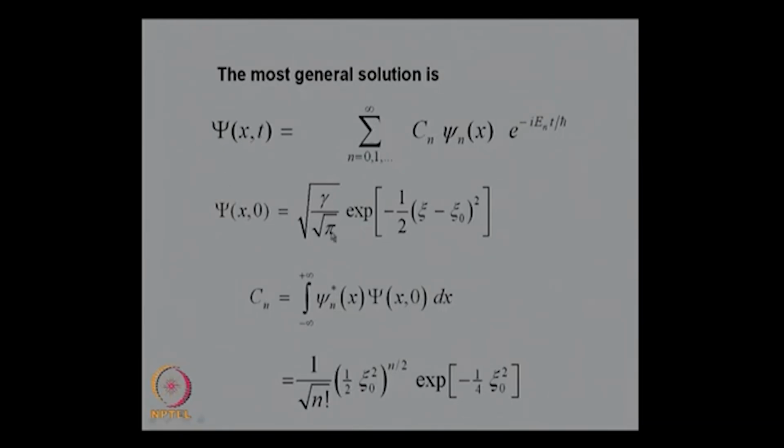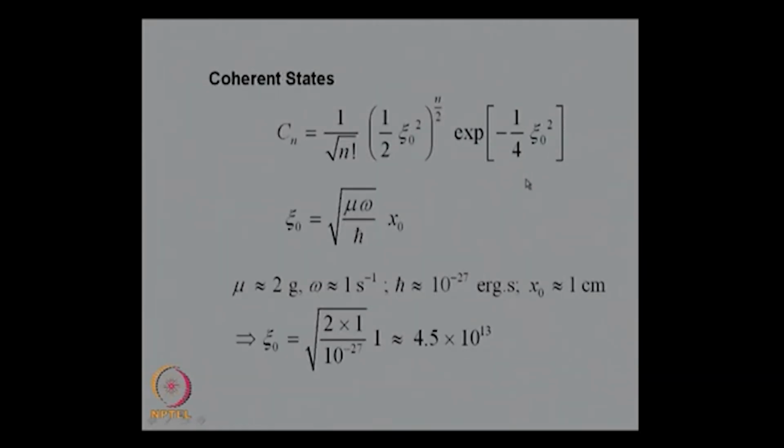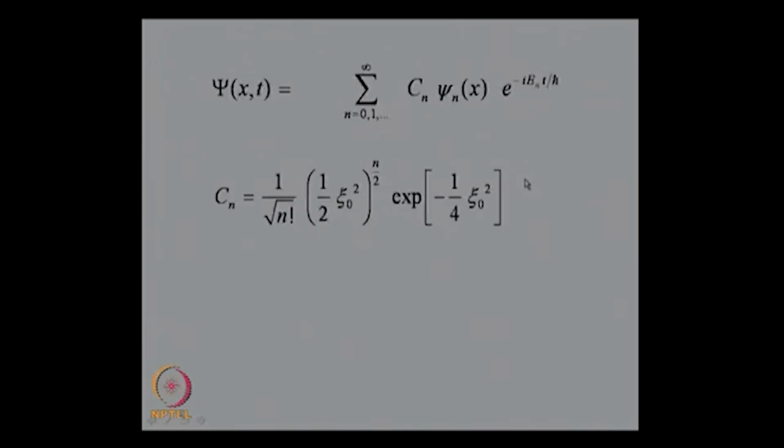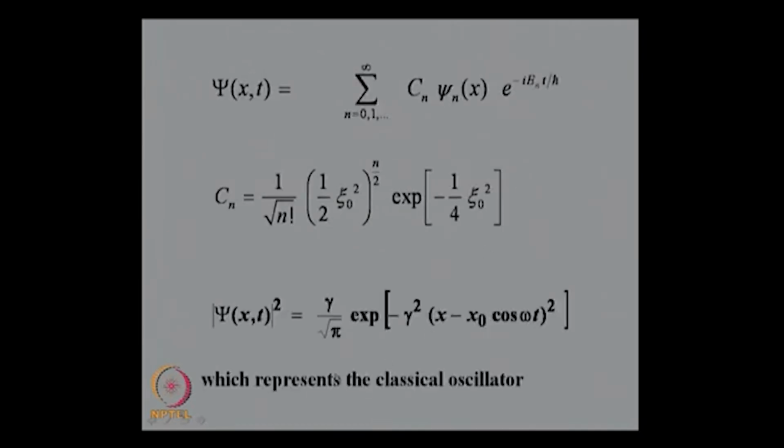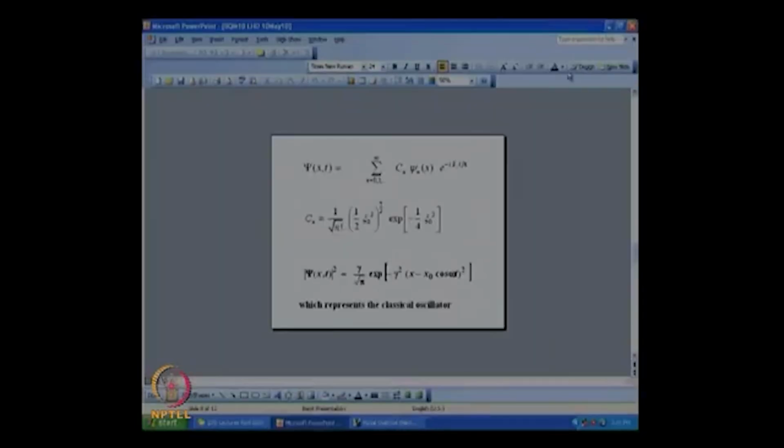So, in this particular case, for this particular form of psi of x comma 0, I know I can determine an analytical expression for C of n. I substitute it here, carry out the summation, and I will obtain mod psi of x comma t square equal to this, which represents the classical oscillator.